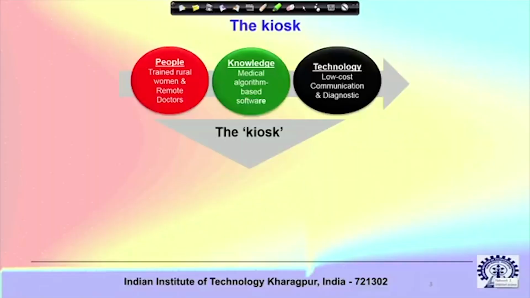The knowledge base is medical algorithm based software, and the technology that is supposed to be there associated with it is low cost communication, which is a part of the communication technology and diagnostics. So, based on this, there is a concept called health kiosk, which one of our collaborators, I will acknowledge all the collaborators who have effectively contributed to our research here in this domain.